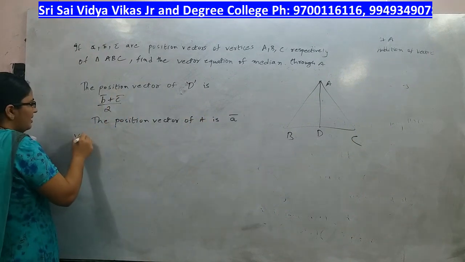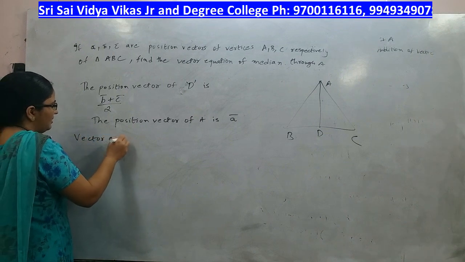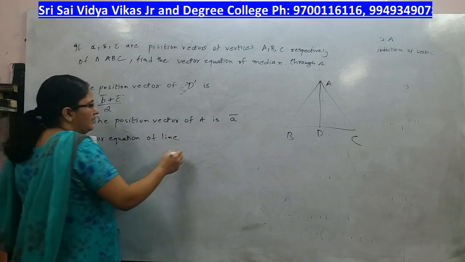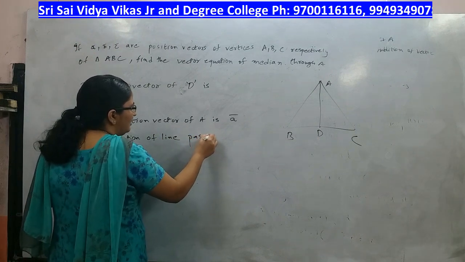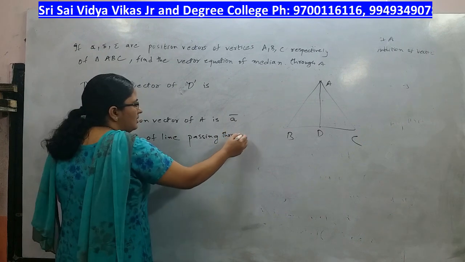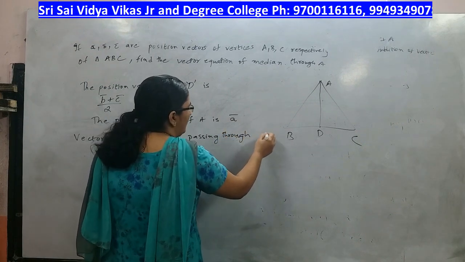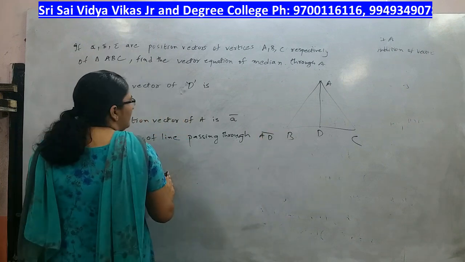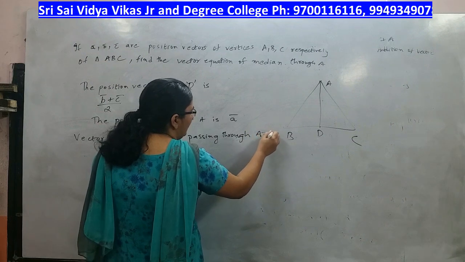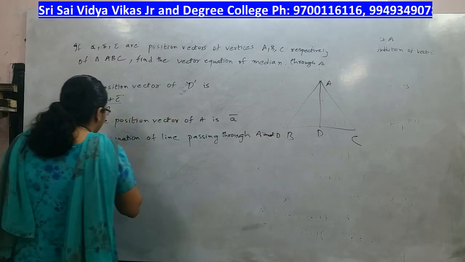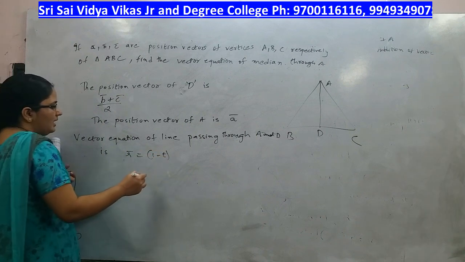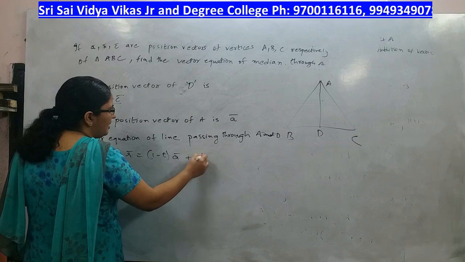Now, the vector equation of the line passing through A and D is R bar is equal to (1 minus T) A bar plus T D bar.